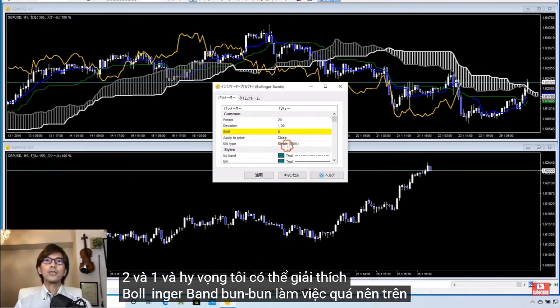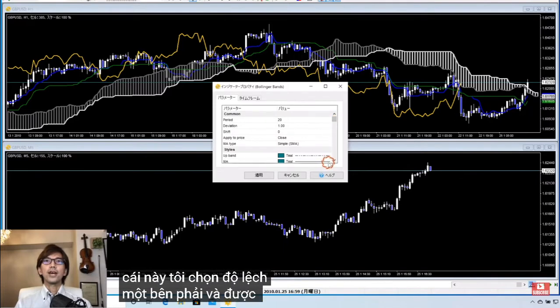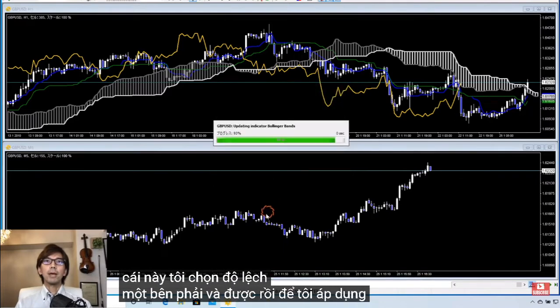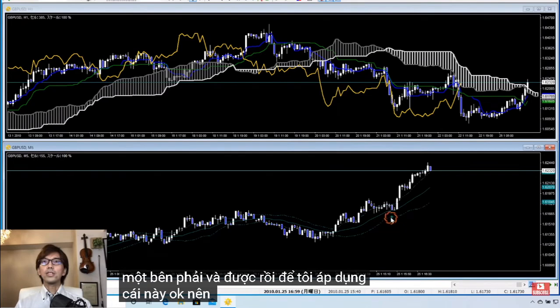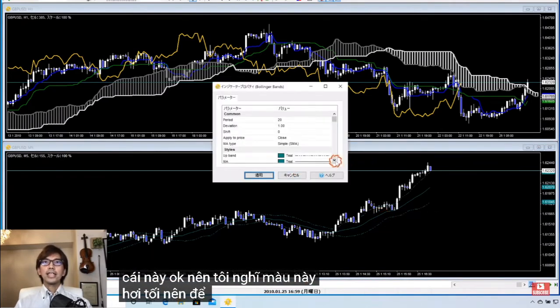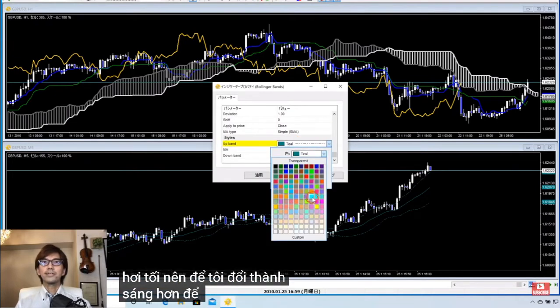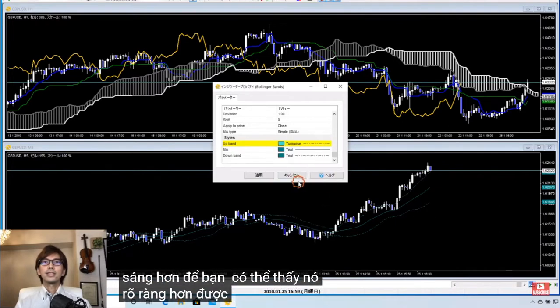So on this one I pick deviation 1 first, and let me apply it. I think the color is kind of dark, so let me change it to something brighter so that you can see it more clearly.